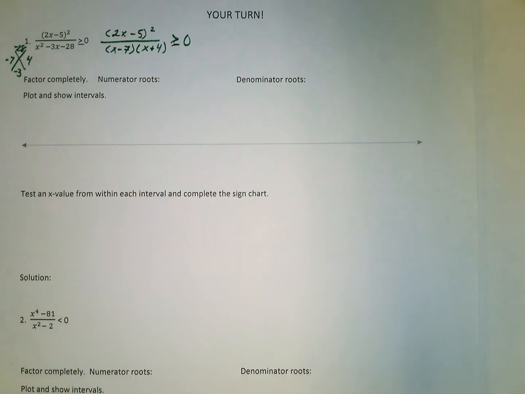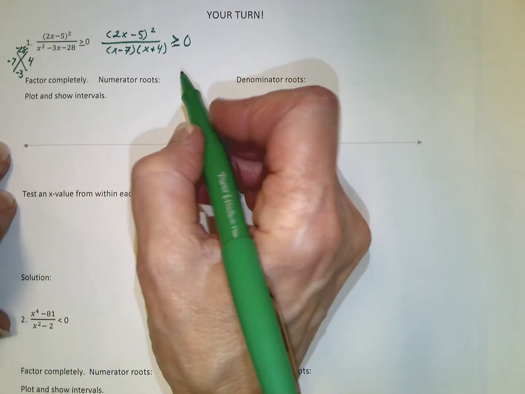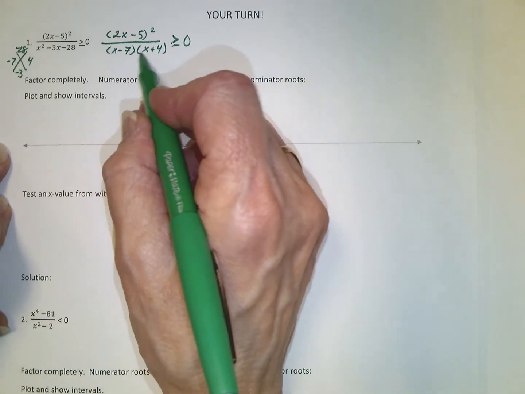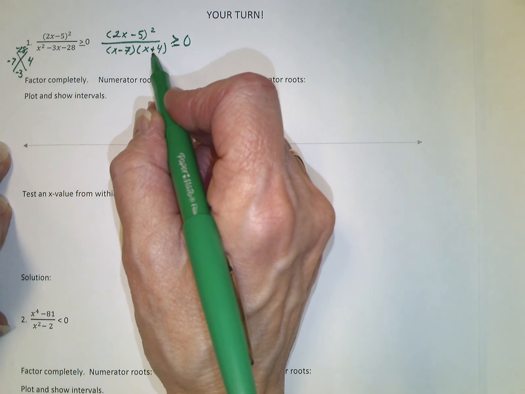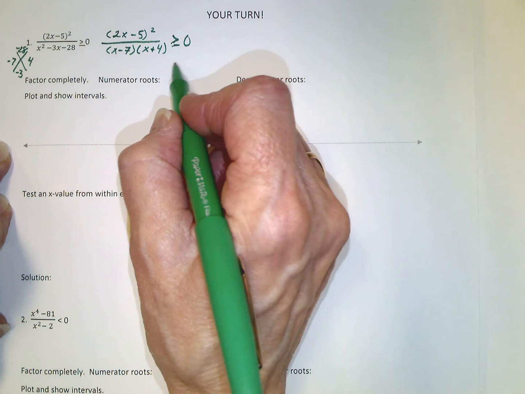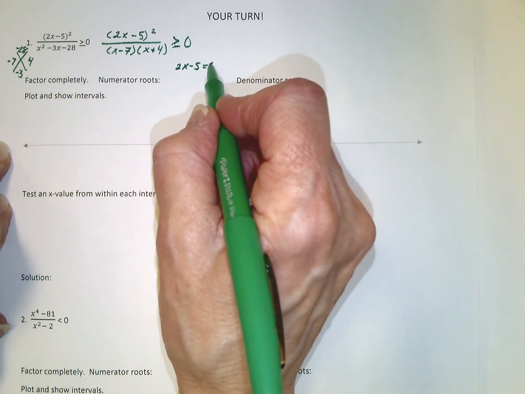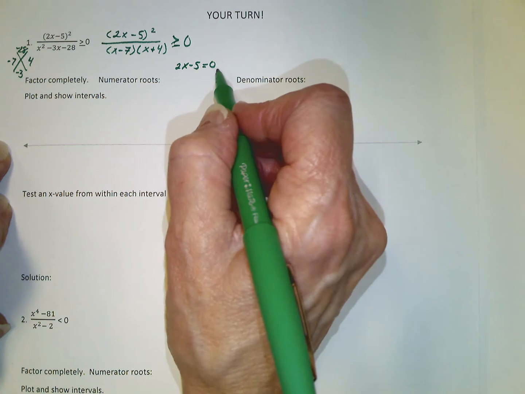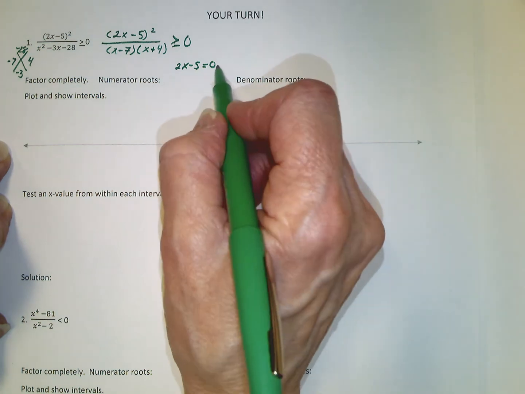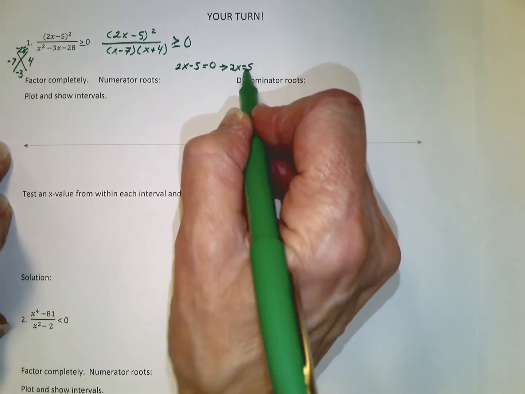Well, the numerator roots are not quite ready yet. I mean, we can just look at the denominator factors and tell what the roots are. This one you might have to look a little more closely. 2x minus 5 has to equal 0. So that means that 2x has to equal 5.